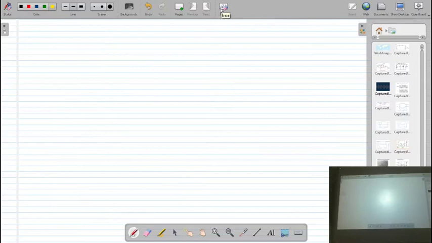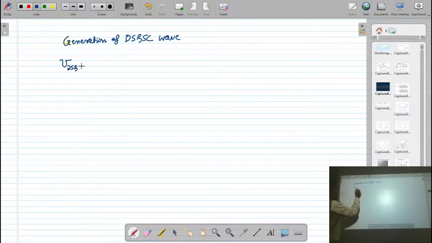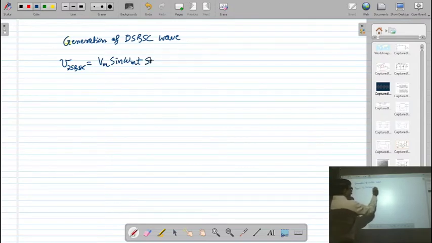Now let us see how we can generate a DSBSC wave. Correct? And just now I already mentioned that the DSBSC wave is given as Vm sine omega mt into sine omega ct.